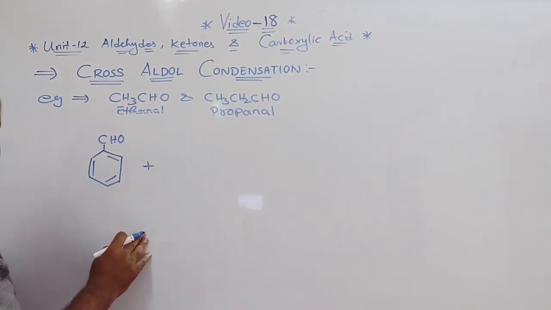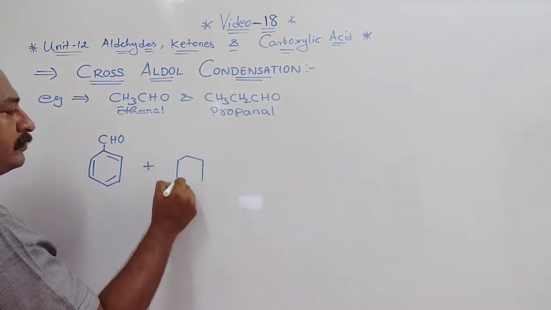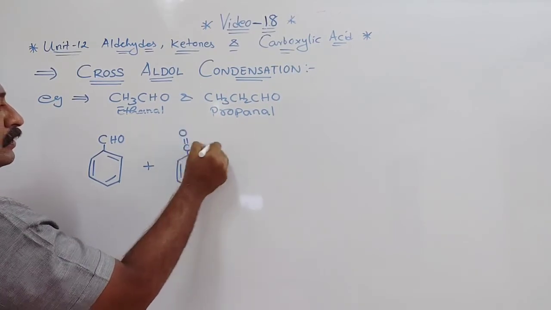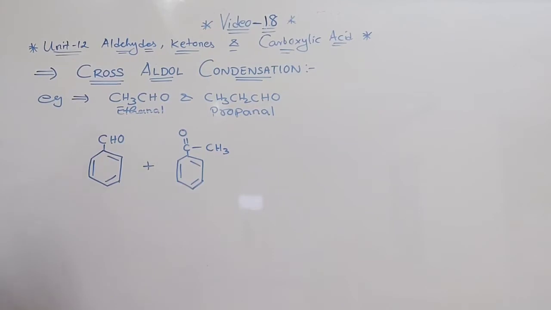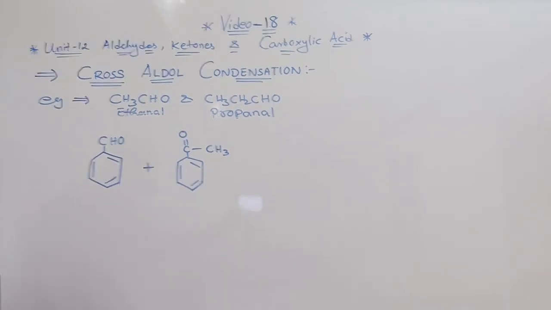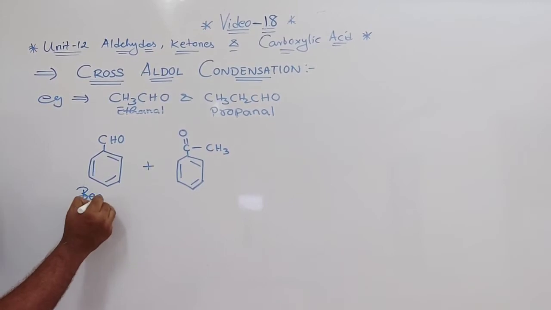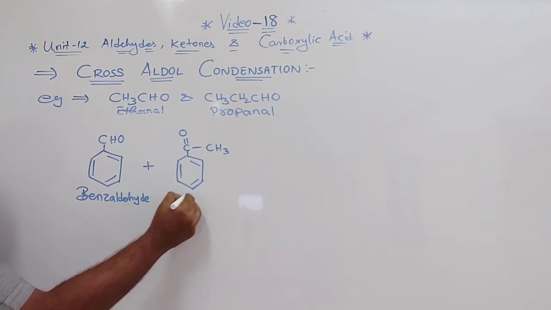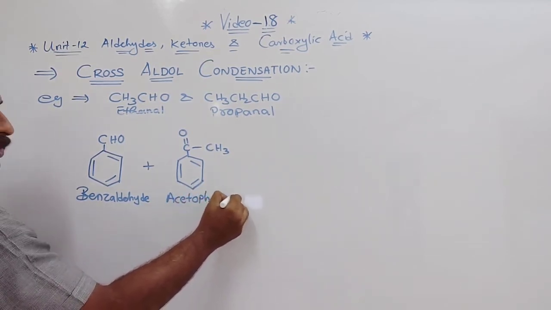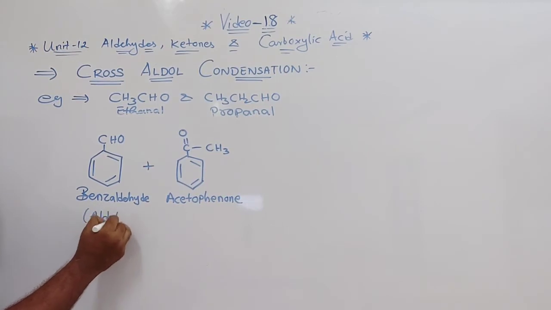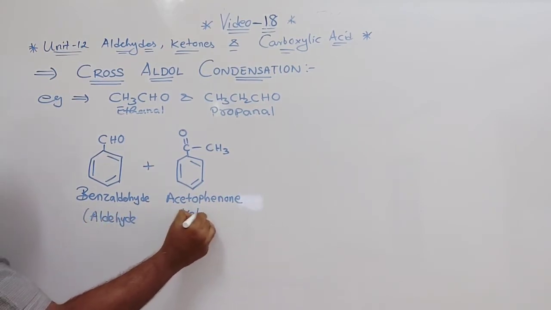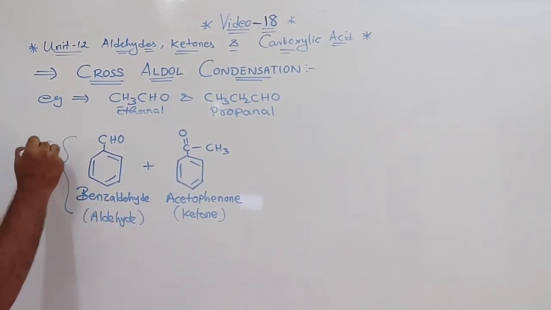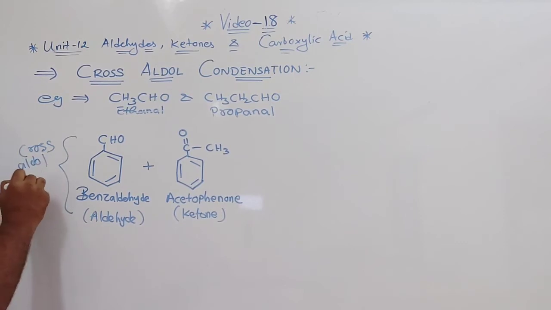Plus another, that is a ketone, acetophenone. So this one is your aldehyde and this one is your ketone. Understood? So we are talking about cross aldol condensation.